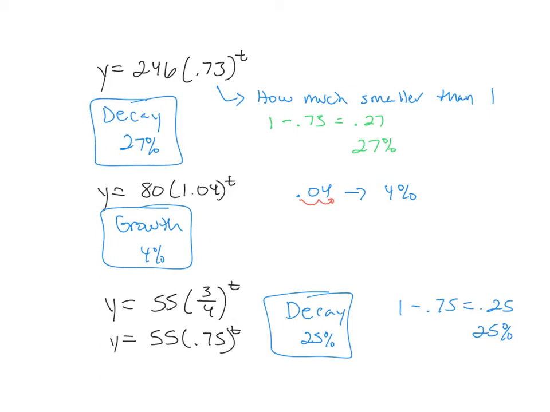All right, and then the last section of problems that we're going to do, these ones with the T for time. It's always been in years, like 1 year, 2 year, 3 year, 4 year, and whether it's bigger or smaller than 1 will tell you the rate. Okay, so if it's less than 1, just subtract them with a calculator. If it's bigger than 1, you're just looking at the decimal after.